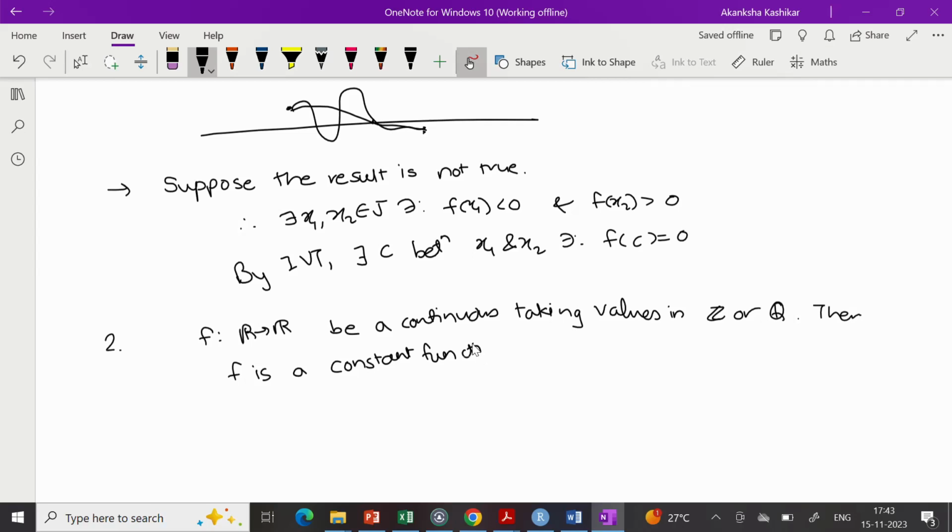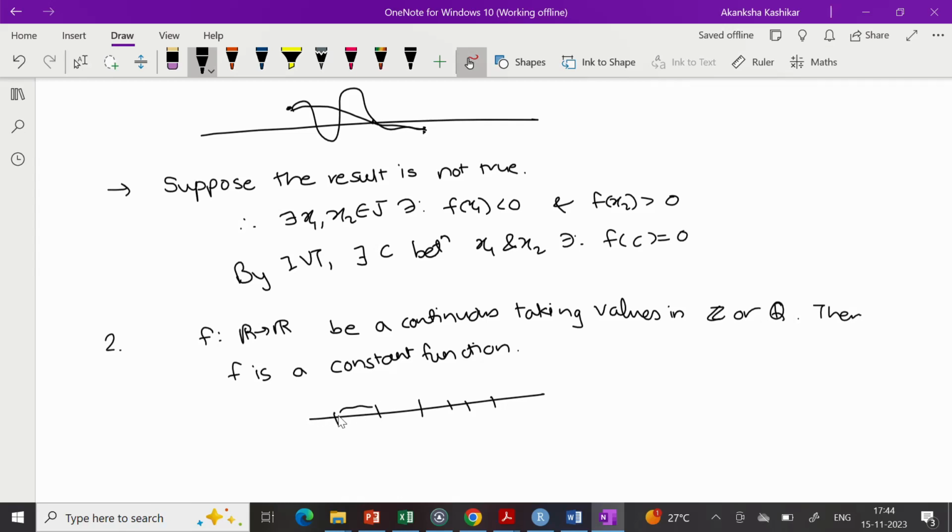Now see, we are saying f is continuous and we are saying that it takes values only in Z or Q. What do we know about Z? That values in Z are like this. In between there is a gap. And we are saying that f takes only values in Z.